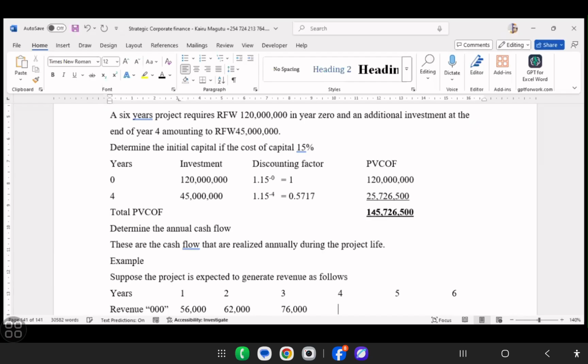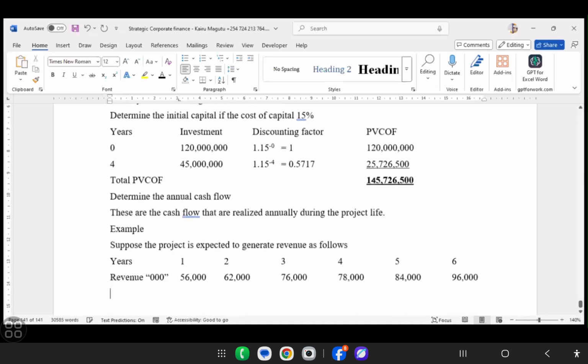The fourth year, 78. The fifth year is 84. And the last year, it is generating 96 million. This is in revenue form.